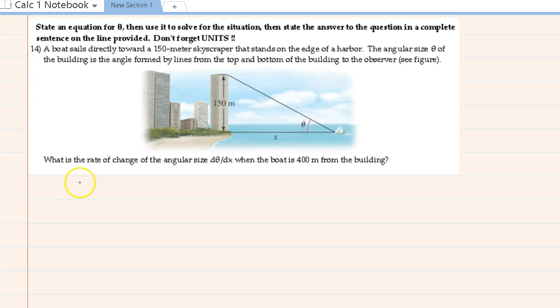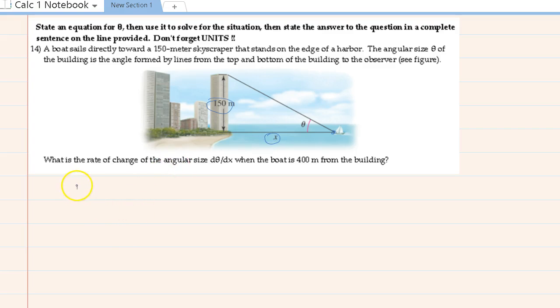The next problem we want to solve has to do with our boat sailing. So the first thing we are asked to do is to find an equation with theta. So we have our angle here. So what we're going to do is say from this point that I can find tangent of theta to be 150 divided by my adjacent side.